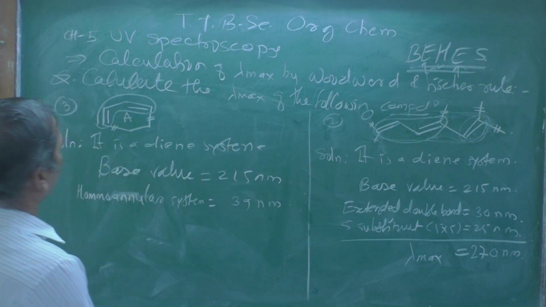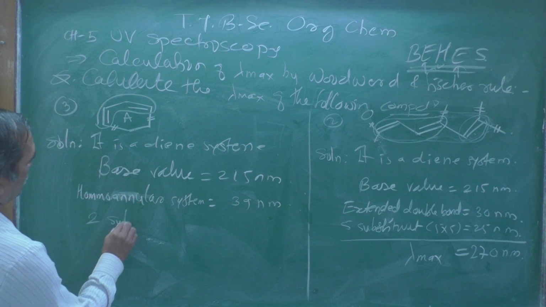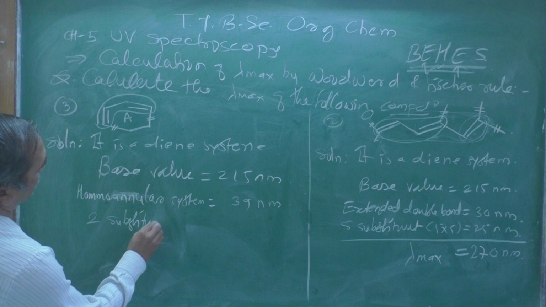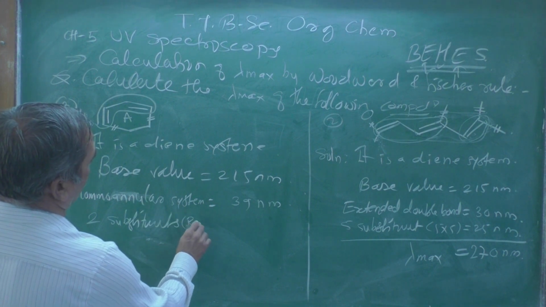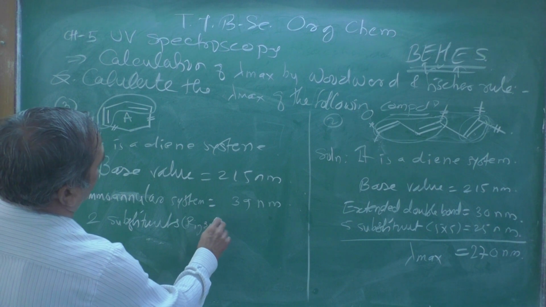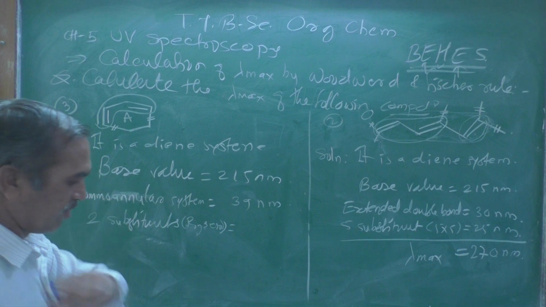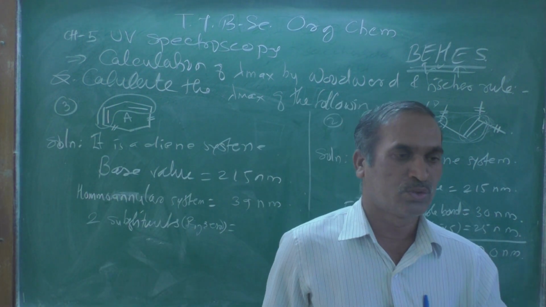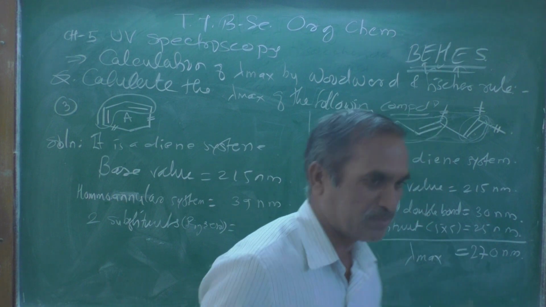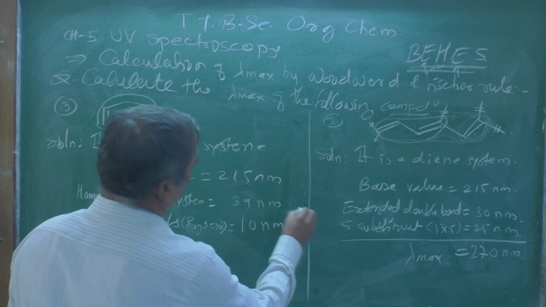How many are there? There are 2 substituents, you remember here. 2 alkyl substituents, or you can call it ring residue. And if 1 is there, we add 5. So here 2 multiplied by 5 becomes 10, and therefore you can add 10 nanometer.